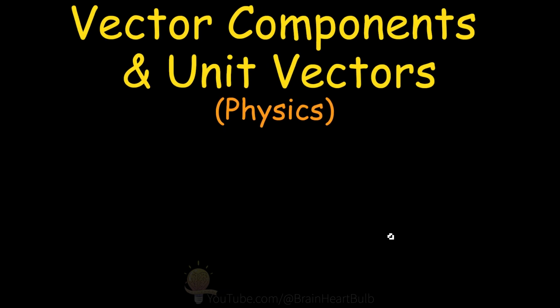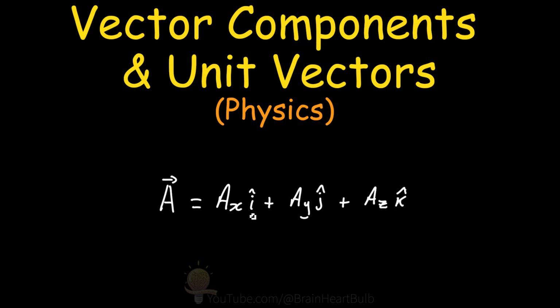Now, you might often see vector quantities expressed in terms of unit vectors. For example, vector A could be expressed as the magnitude of the component vector along the x-axis plus the magnitude along the y-axis plus the magnitude along the z-axis, where i hat, j hat and k hat are called unit vectors, which have a magnitude of 1.